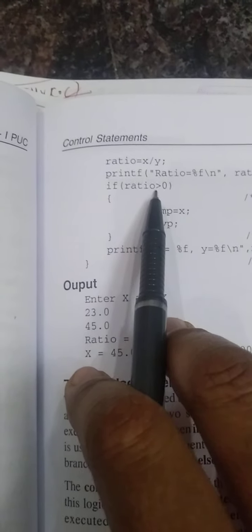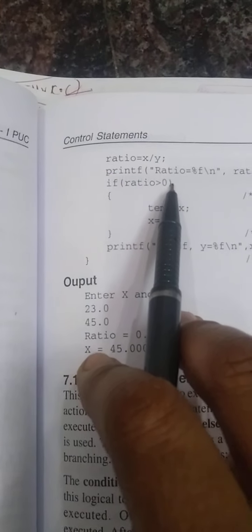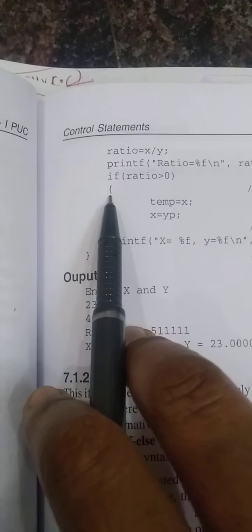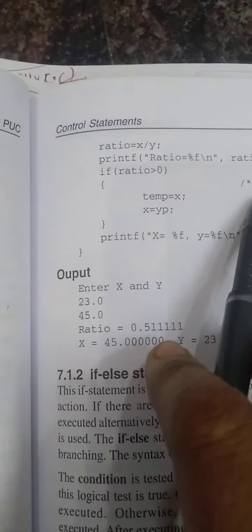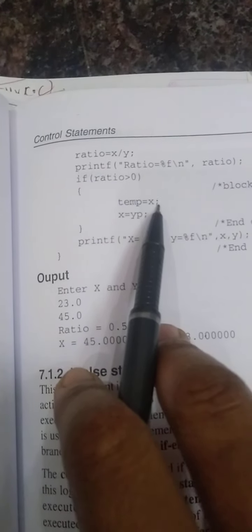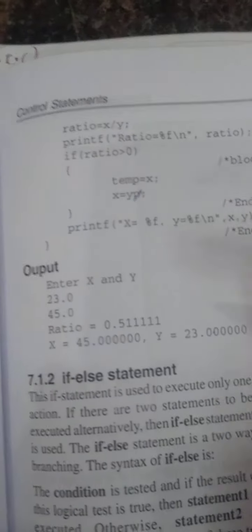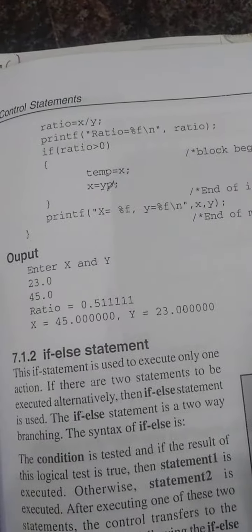Then if the ratio is greater than 0, you take this left curly brace, which indicates that this block begins. Directly you take temp equal to x, then x equal to y. Here the if block ends.